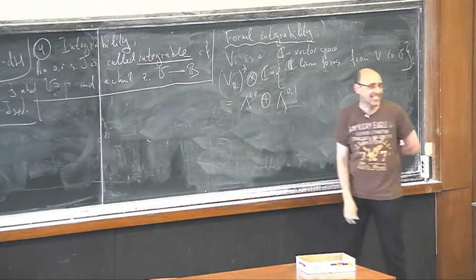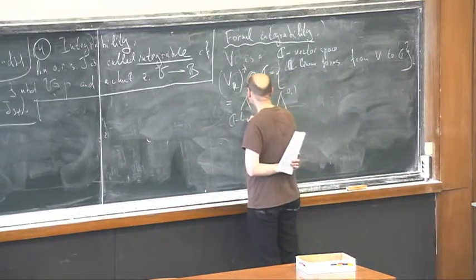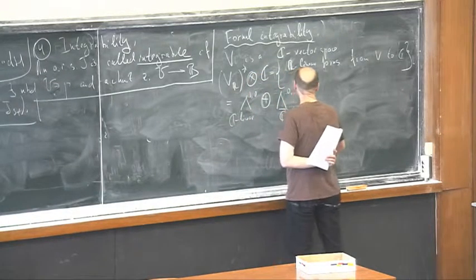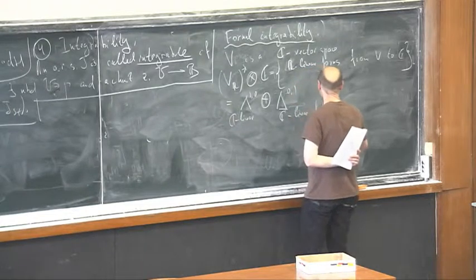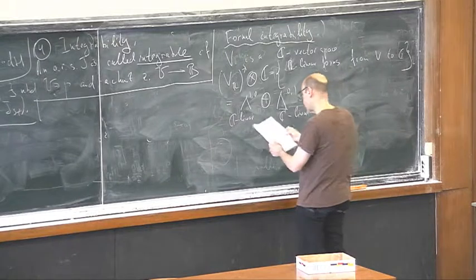So this is C-linear forms, and this is anti-C-linear forms.